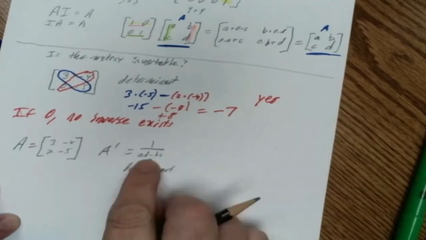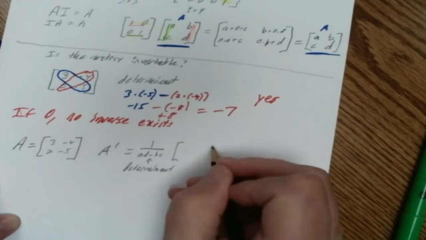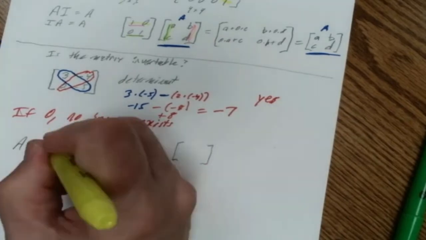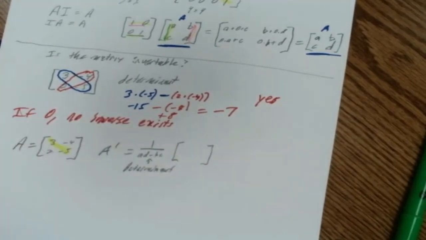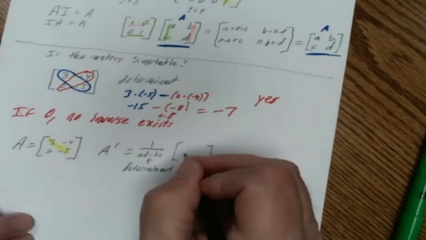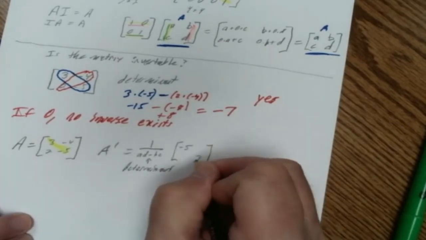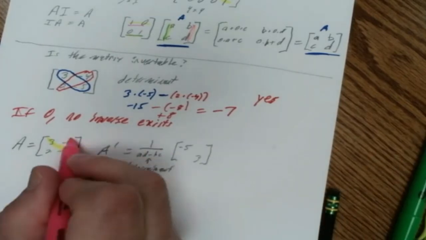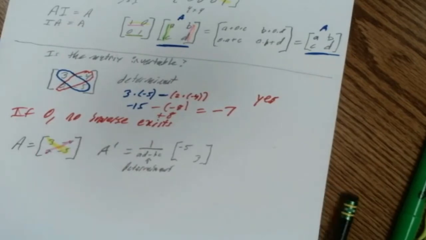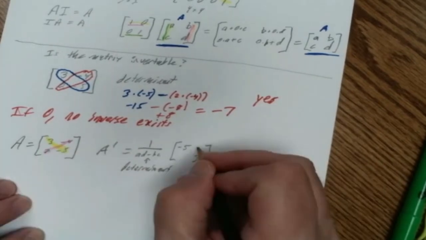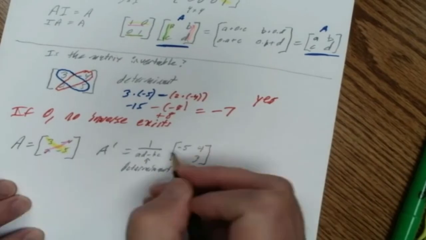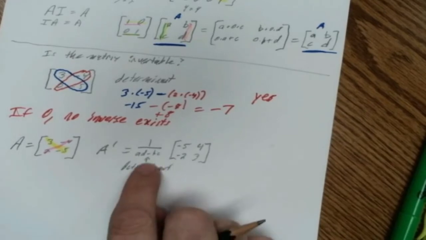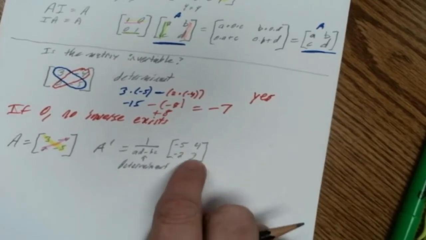But 1 over the determinant, and then you multiply that times this: we're going to take the -5 and the 3 and have them trade places. Then the other two, the -4 and the 2, stay where they're at, but they change signs. The negative becomes a positive, and the positive becomes a negative.